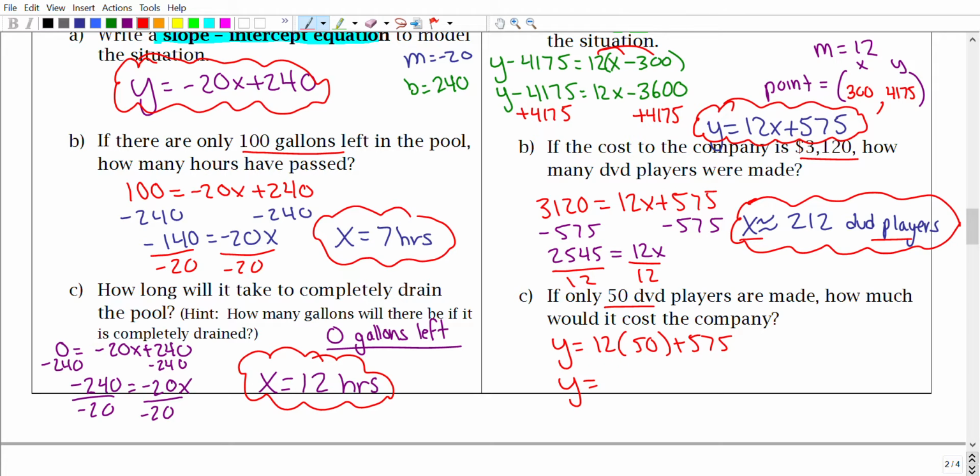So 12 times 50, I believe that's 500, or 600, but let me check. 600 plus 575. So we get a total of y equals $1,175.